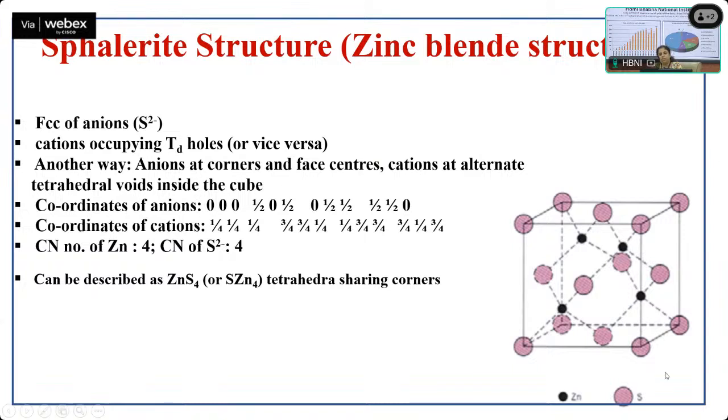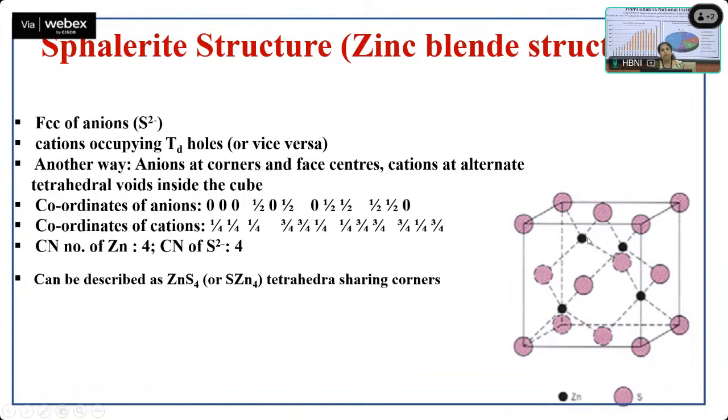Or in other words, if you look at the unit cell, anions are placed at the corner and the face center, and cations, if you recall, where the tetrahedral holes lie in the cube, at the center of the 8 octants.